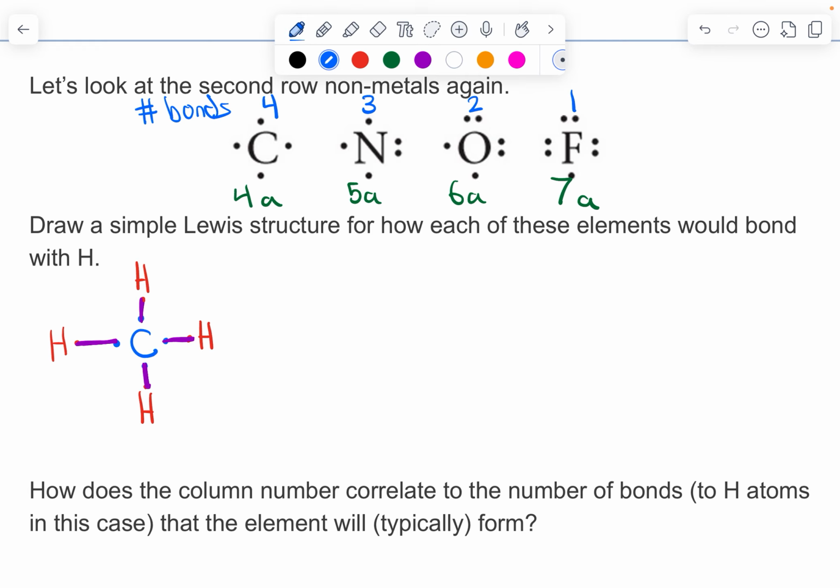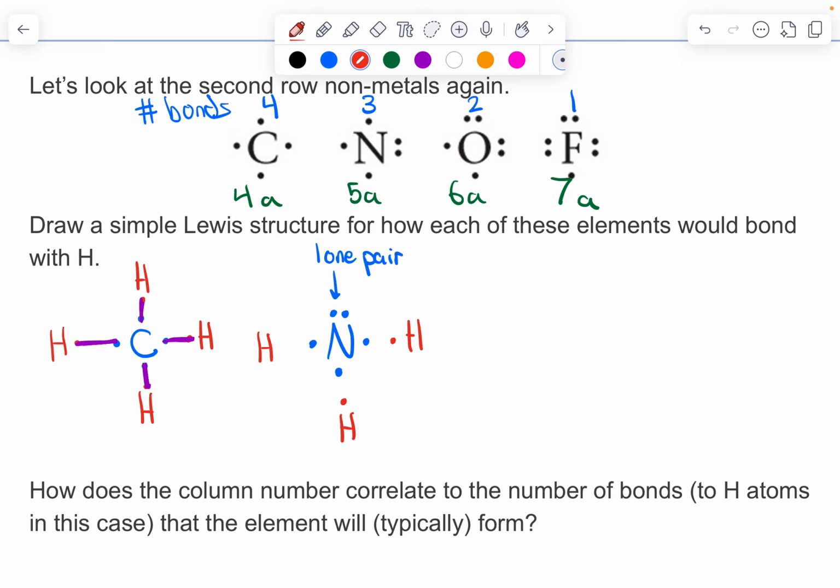Similarly, nitrogen is going to have what we call a lone pair. I think your book sometimes calls it a free pair, but it's alone, meaning it's only attached to that one atom. Then it has these 3 unbonded electrons, and that is what's going to bond with the hydrogens.